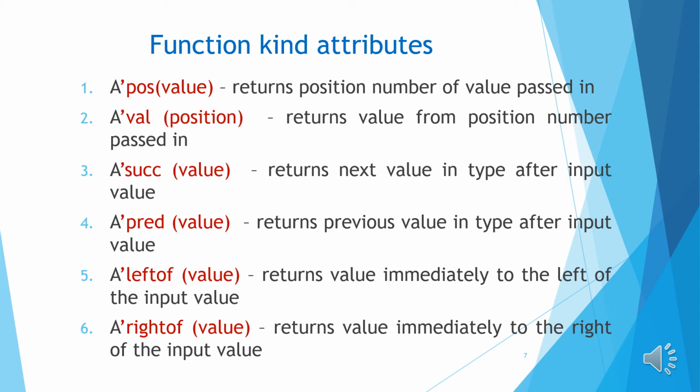In tick succeeding, when we pass some value, it gives the succeeding value of the passed value. In preceding, it gives the preceding value. Left of gives the value on the left side of the value passed. Right of returns the value immediately right of the input value.